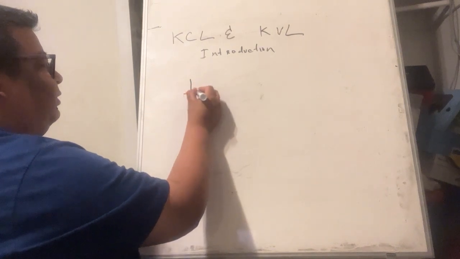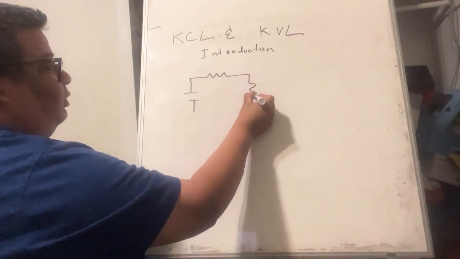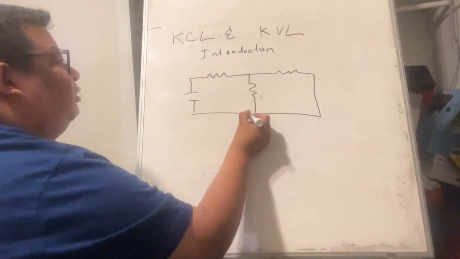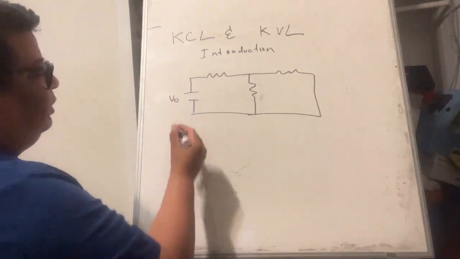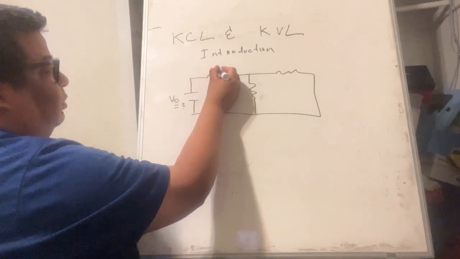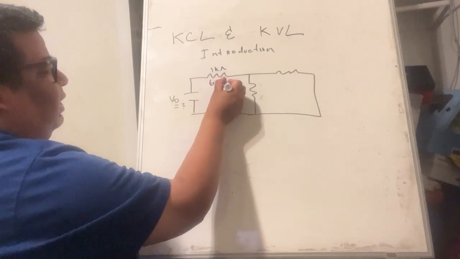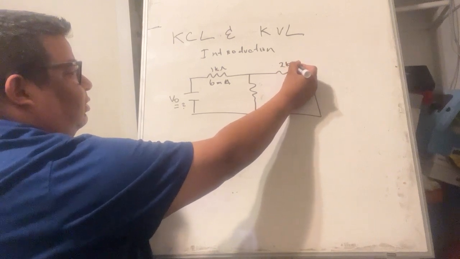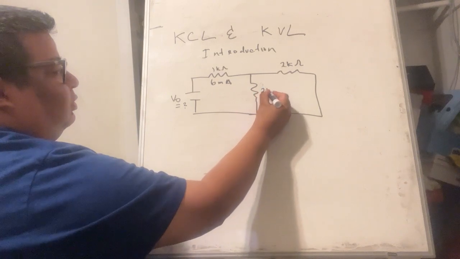Let's say we have a battery, a resistor, another resistor, and another resistor. This is V0 and we need to find what it is. We're given that this one is 1 kilo ohm, this one carries 6 milliamps, and this one is 2 kilo ohms, and this one is also 2 kilo ohms.